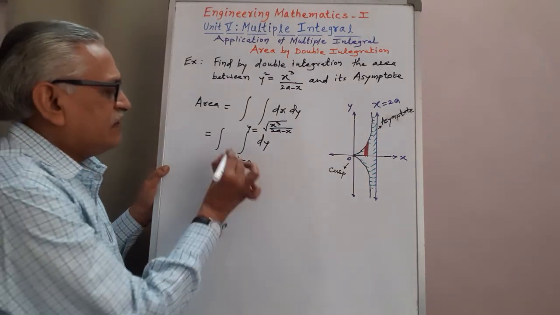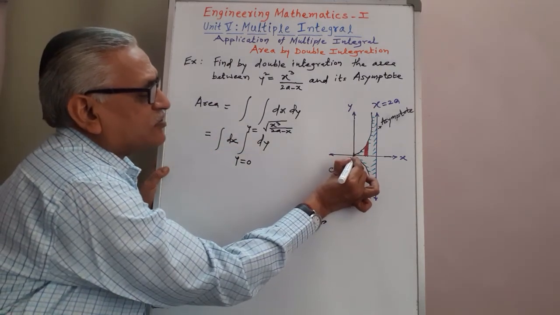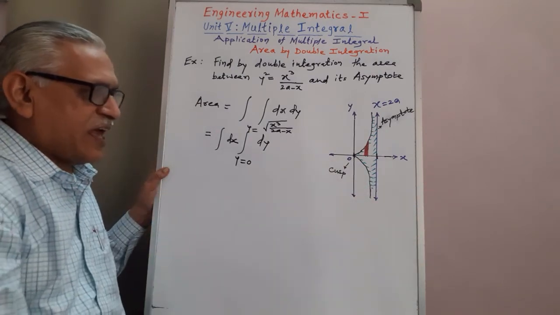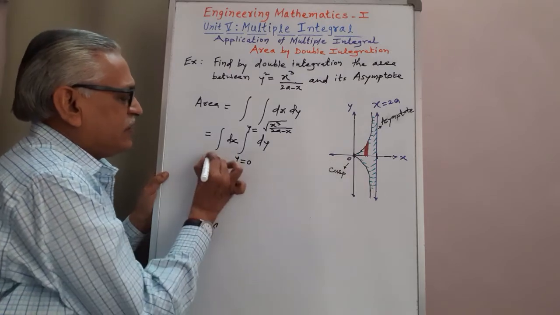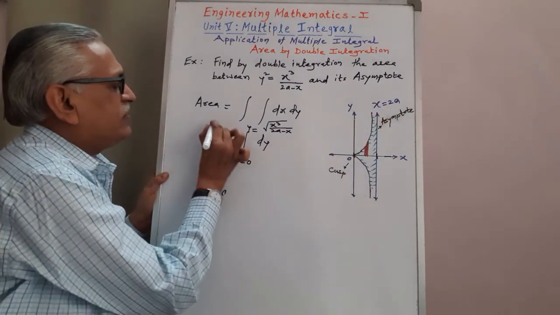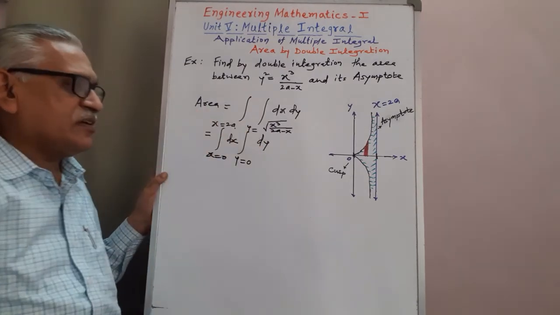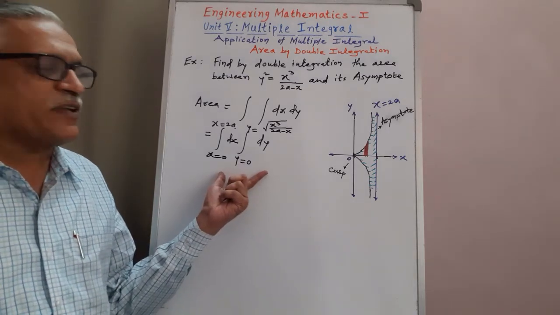Then the result is integrated with respect to x by moving that strip from this line to this line, left to right. At this point x is 0, and at this point x is equal to 2a. Using that figure, I obtained the limits.